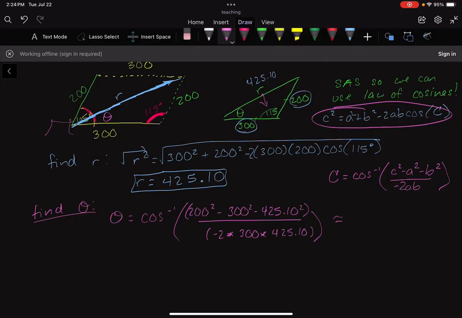So, for instance, I probably should have done this first and said, okay, 200 squared would be equal to 425.10 squared plus 300 squared minus 2 times 425.10 times 300 times cosine of theta. I probably should have written it out like that first and then moved it into the solving for theta form.